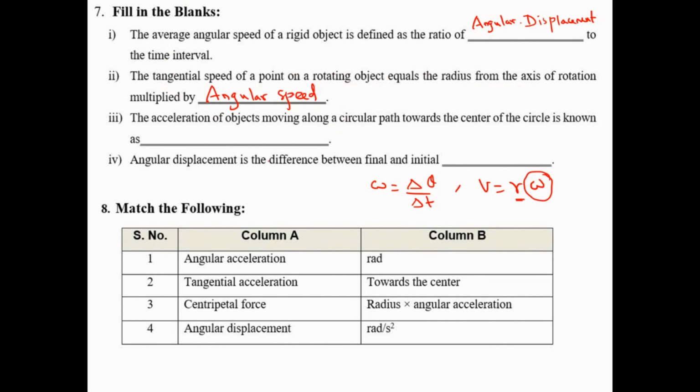Third question. The acceleration of an object moving along the circular path towards the center of the circle is known as, so if any object is moving in the circle, at all the points in the circle, the acceleration is always coming towards the center.